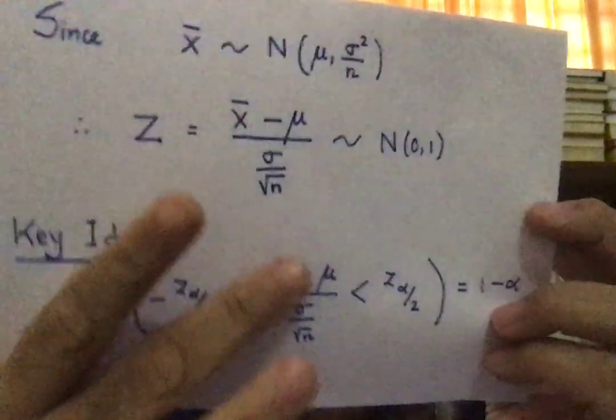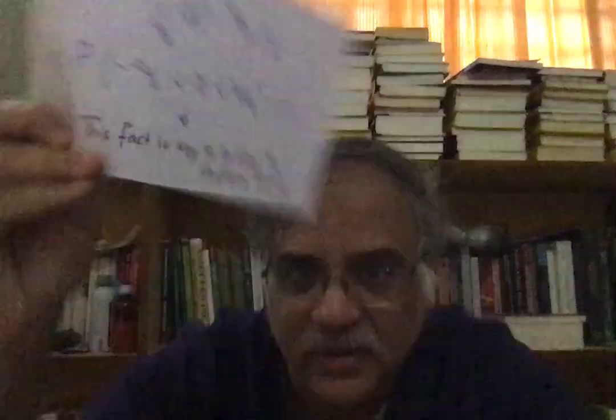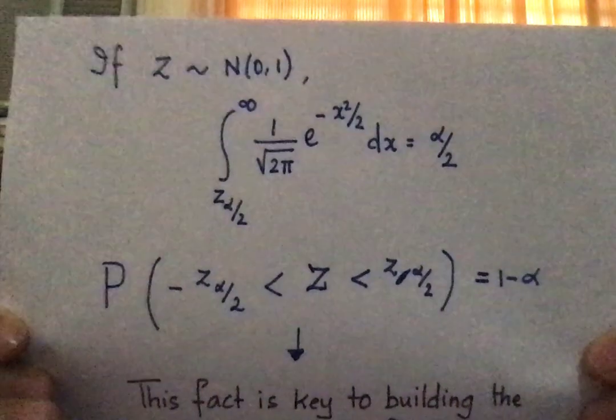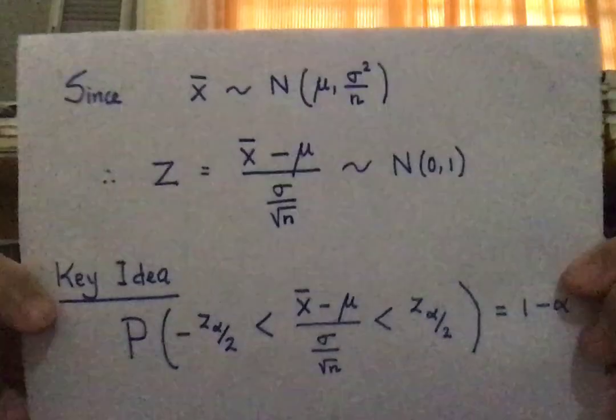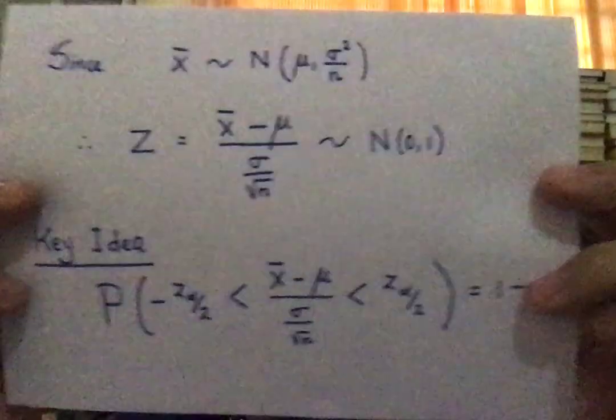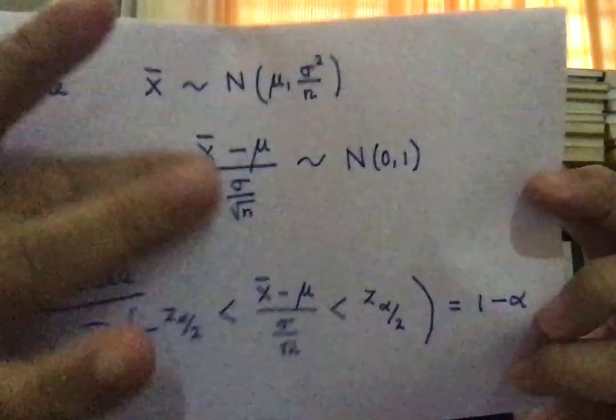So instead of z, I am putting this. In the previous slide I had put z, which you had seen, right? And in this slide, instead of z, I am putting this value.